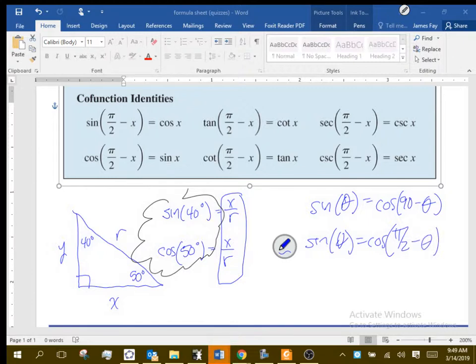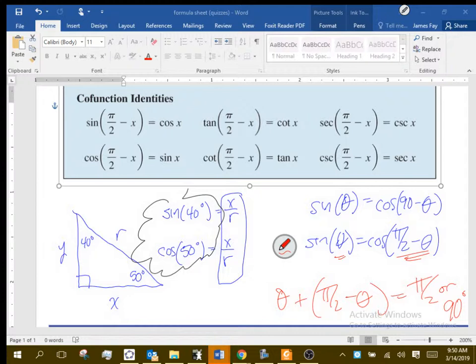Okay. So think about this. What do I get if I add those? These are angles, right? What do I get if I add an angle of theta plus an angle of pi over 2 minus theta? What do you get when you add those together? Pi over 2, or 90 degrees. What does that meet the definition of?